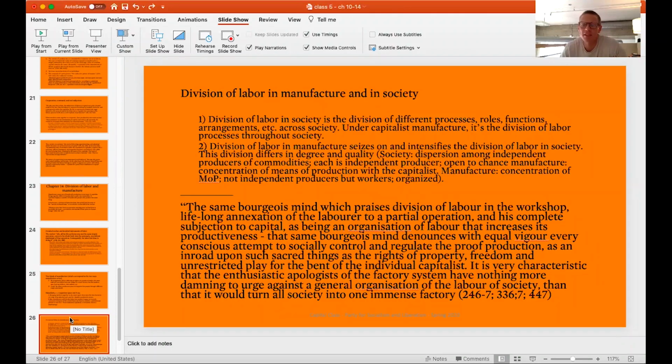So he's pointing out the contradiction: you say there should be planning in the workplace, but why is it that planning in production in all of society is all of a sudden an encroachment on the rights of property, freedom, and the unrestricted play of the capitalist? So it is very characteristic that the enthusiastic apologists of the factory system have nothing more damning to urge against a general organization of the labor of society than that it would turn all society into one immense factory.